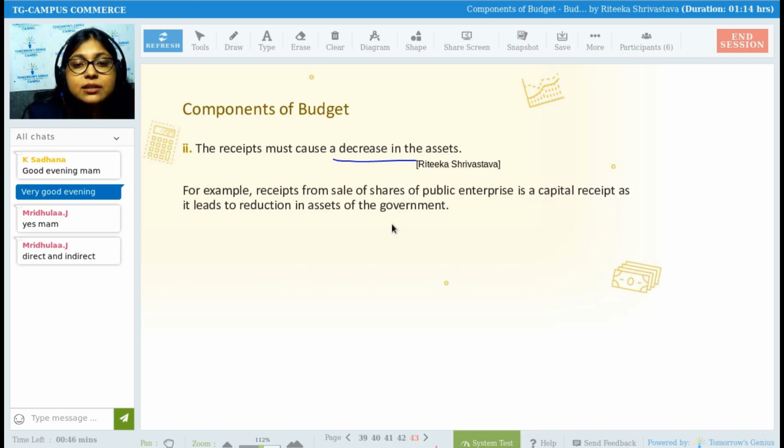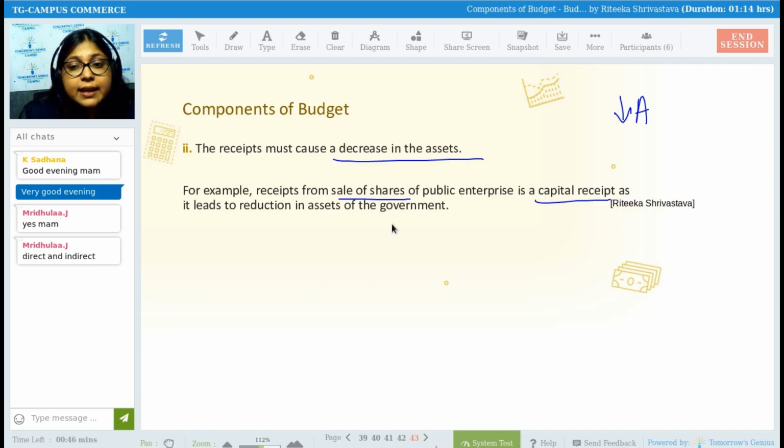Another condition is that the receipt must cause a decrease in the asset. The receipt should decrease the value of assets. In this case also it will be called a capital receipt. Example, receipt from the sale of shares of a public enterprise is a capital receipt as it leads to reduction in the assets of the government.